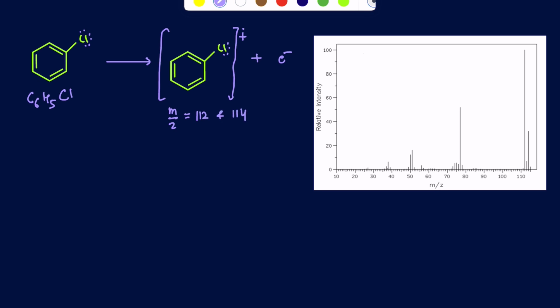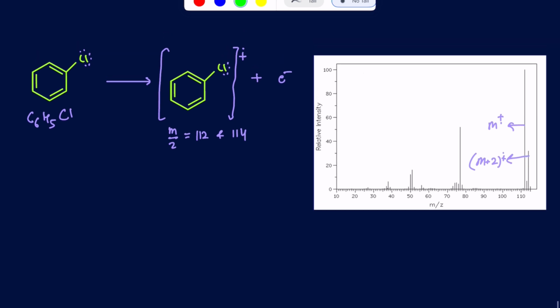I do see a peak at 112, which is the molecular radical cation peak, M plus. Then you also have an M plus 2 radical cation signal at 114.